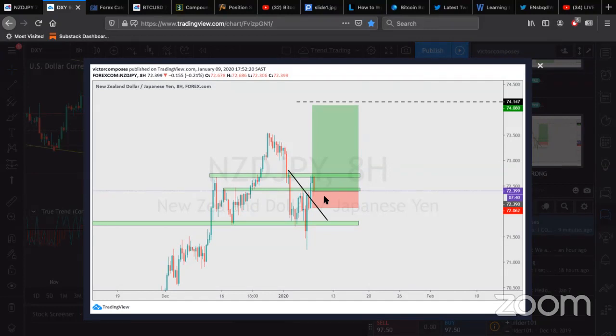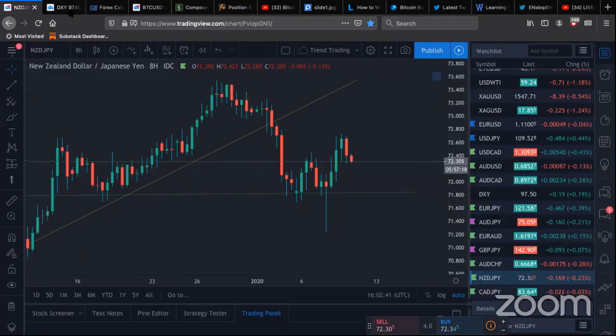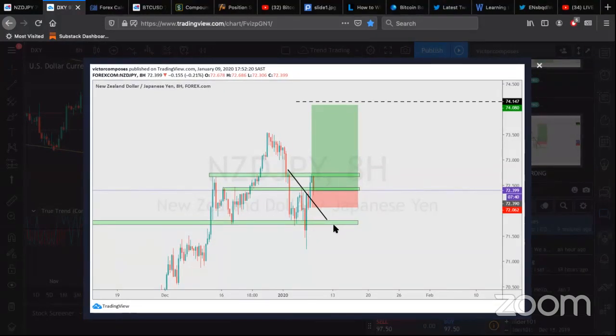The other thing to look at and consider when taking this trade is that it's pretty safe to say if you get below this support here, you're very wrong on the trade. It's very safe to say you have a very high target up here, and you could lower your position size and look to place your stop loss below here.